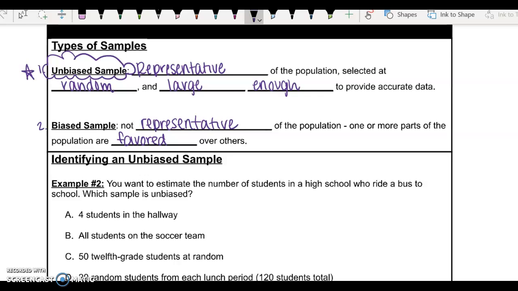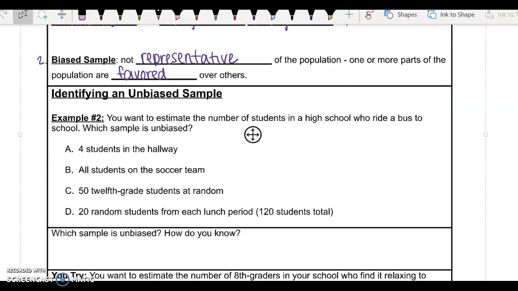We didn't know anything about them. We didn't try to persuade them. It's unbiased. A biased sample means that you are trying to persuade, or you picked people that you knew would lean a certain way to help your data look a certain way.